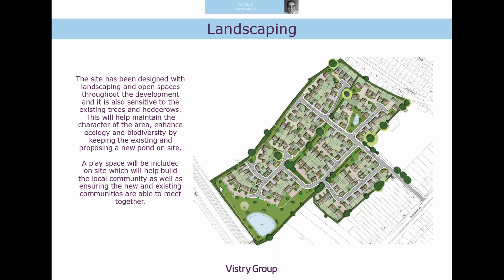This should create a more open feel to the site, and allow ecological features such as habitat and hedgehogs to continue to cross and walk freely between and through the site.